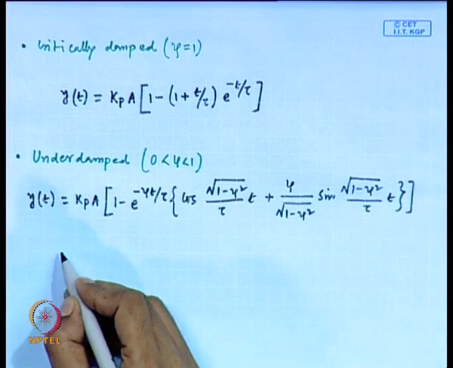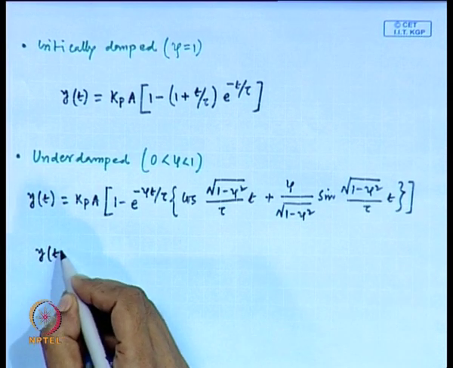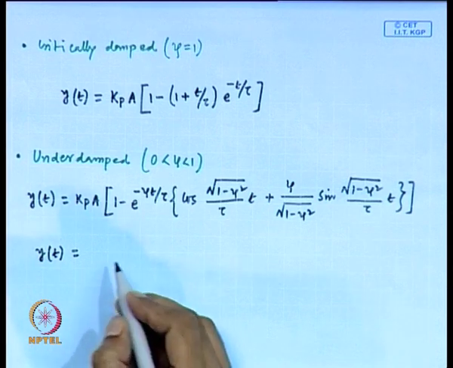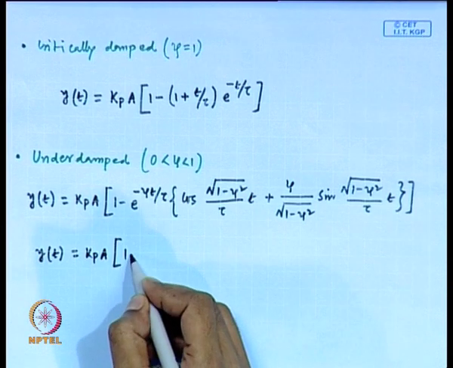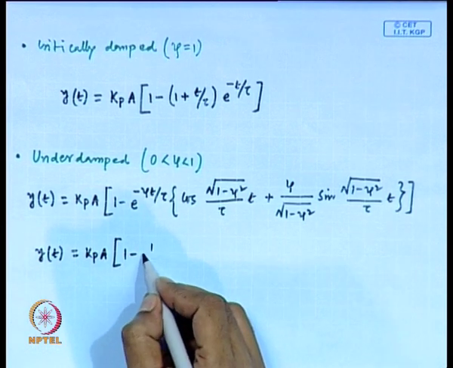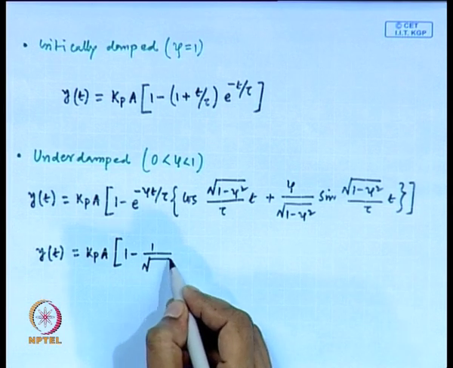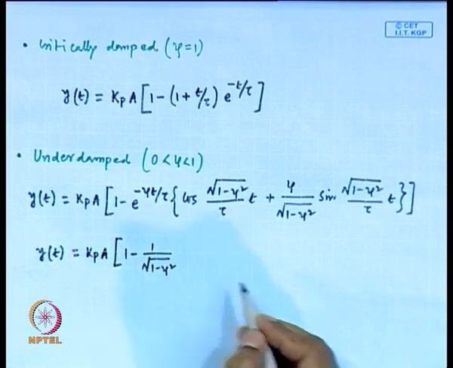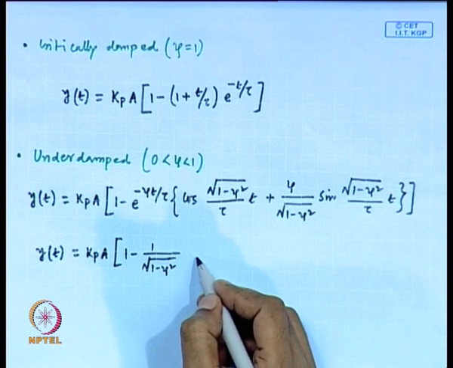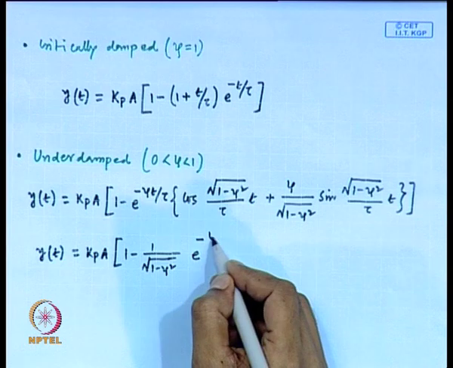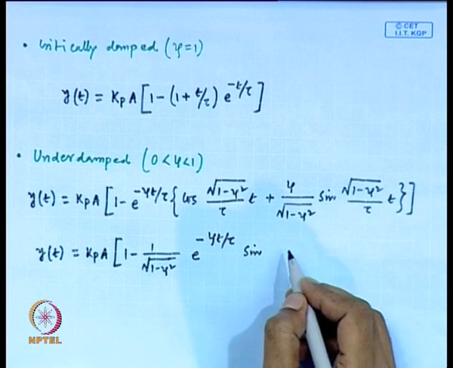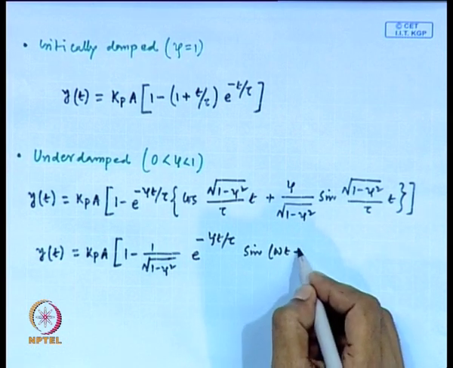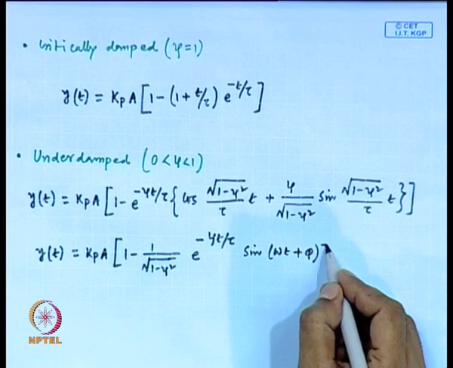We can write this equation in this form where y t equals k p a into 1 minus 1 divided by root over of 1 minus zeta square exponential minus zeta t divided by tau sin omega t plus phi.